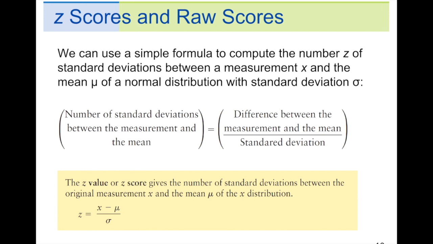The number of standard deviations between the measurement and the mean is equal to the difference between the measurement and the mean divided by the standard deviation. A way to write it is that z is equal to x minus mu, over sigma. So, the difference between the measurement and the mean, divided by the standard deviation.